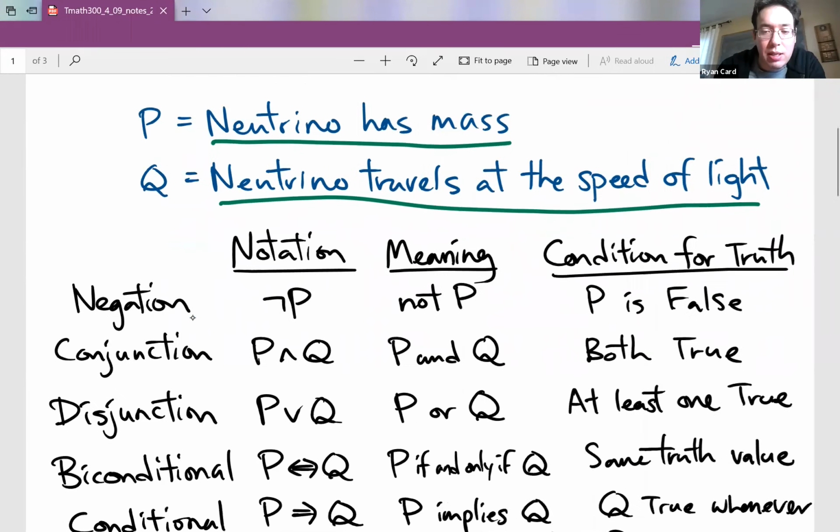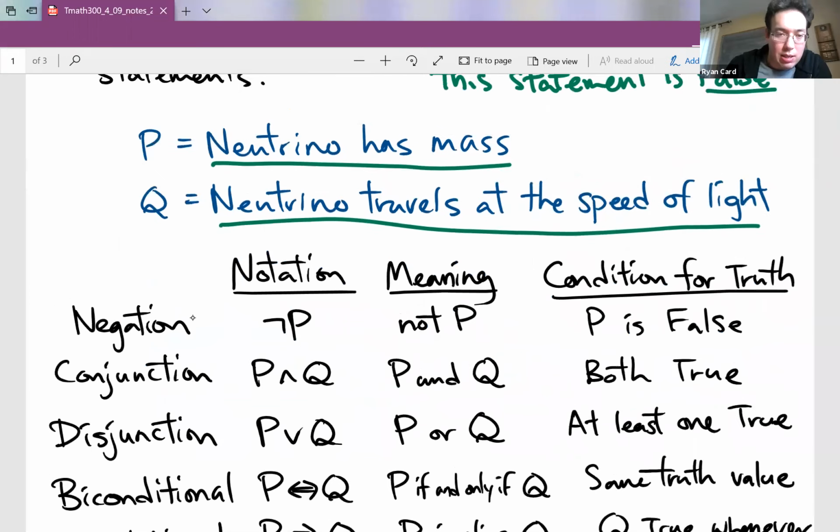All right, so let's talk about the first connective called negation. If you use this negation symbol in front of a statement, it looks like a negative sign, except there's a little hook at the right end, like the upper right corner of a piece of paper. You read this as not P, and this statement is true whenever P is false.